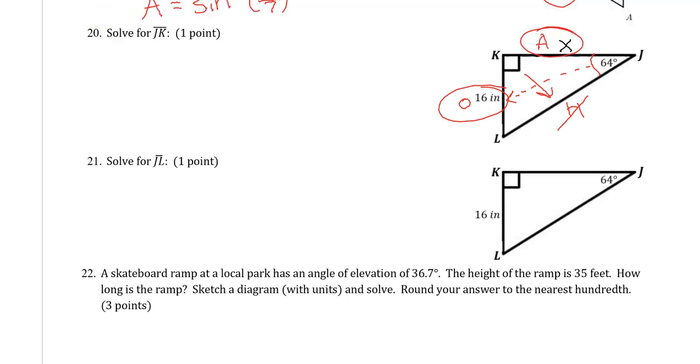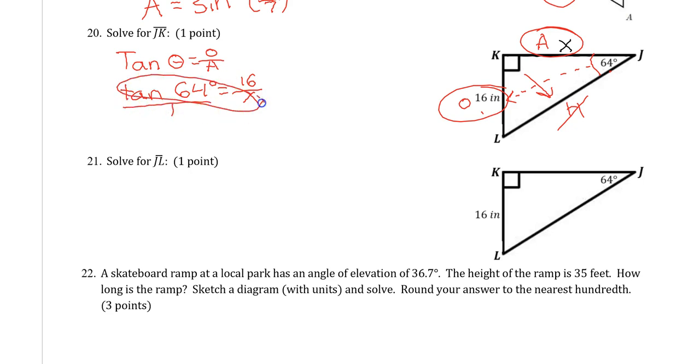So tangent of theta equals opposite over adjacent. So tangent of my angle, which is 64 degrees. My opposite side is 16. My adjacent side is x. Putting tangent over 1, I'm going to cross multiply. So I have x times the tangent of 64 degrees equals 16 times 1, which is 16.